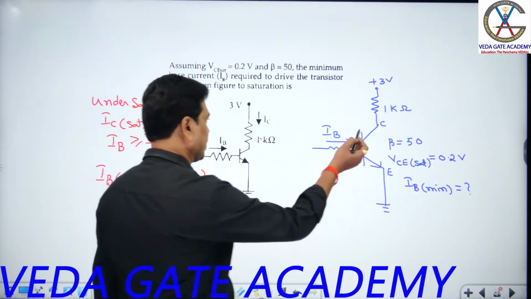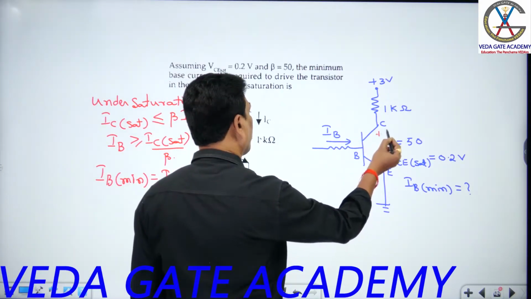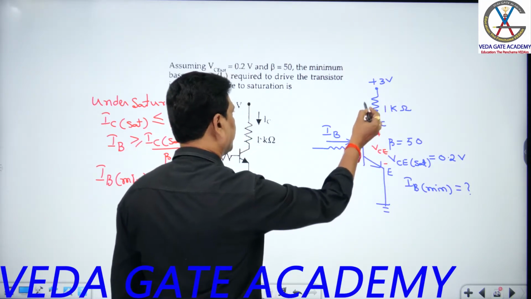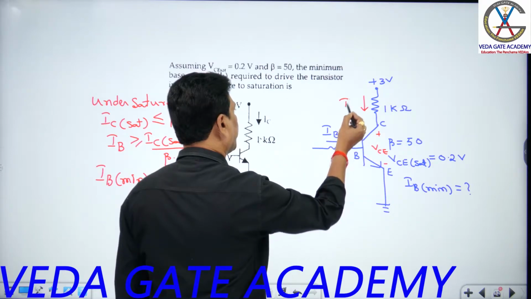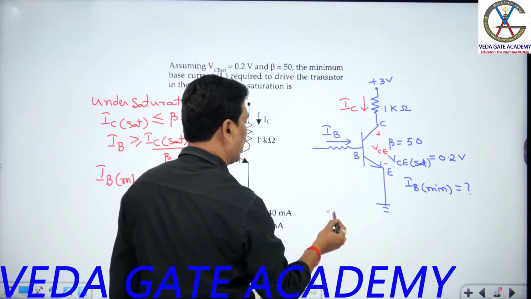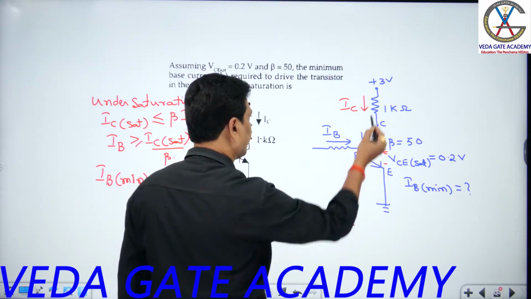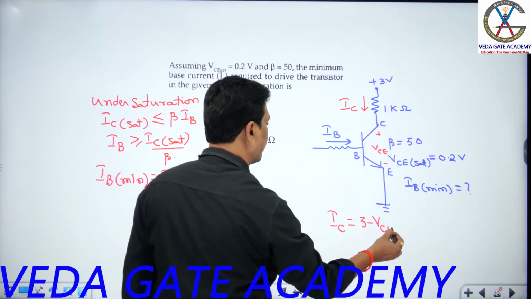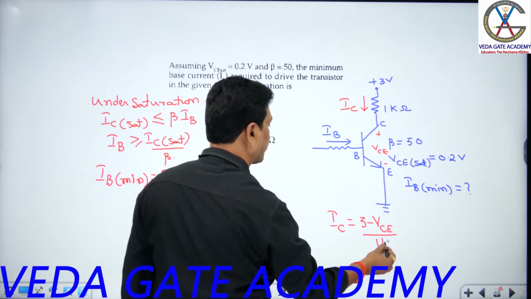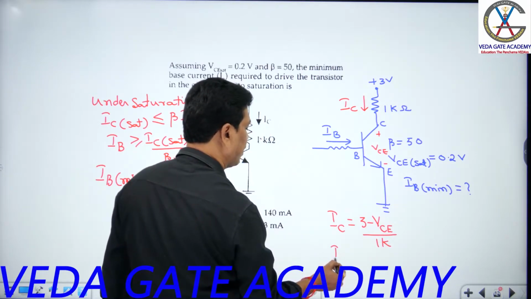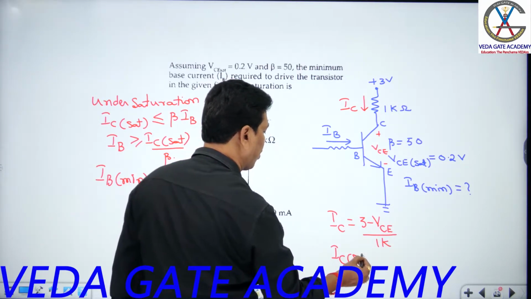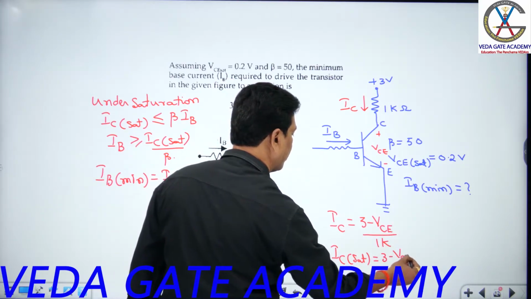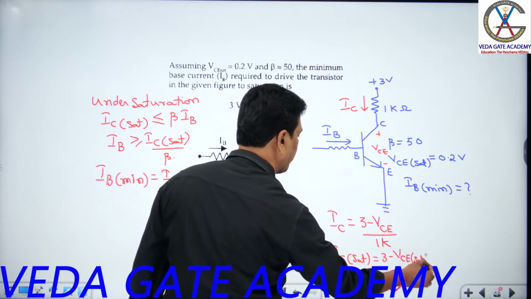Now I can discuss this. Here the drop is VCE, and the corresponding current is IC. So IC equals 3 minus VCE by 1K. Then IC saturation equals 3 minus VCE saturation by 1K.